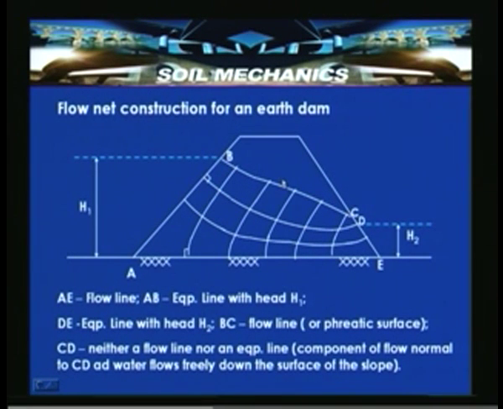So, like this one determines the number of flow channels, the number of potential drops, and then the head which is causing the flow, H1 minus H2, and by knowing the permeability one can calculate the seepage.